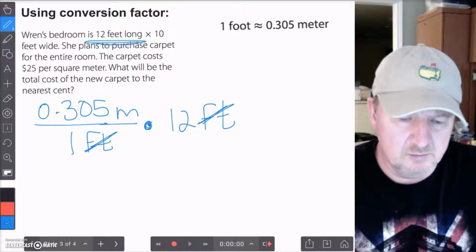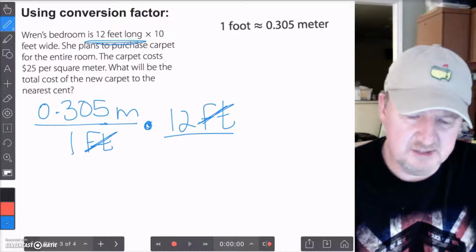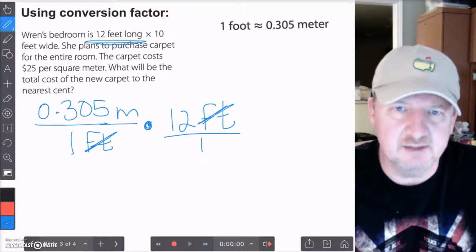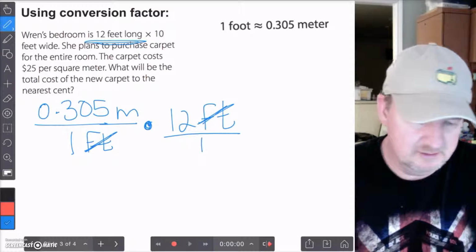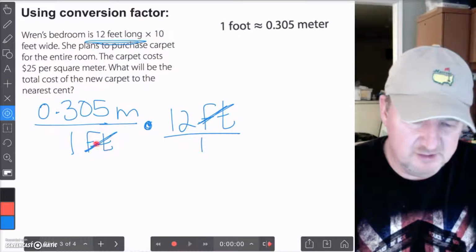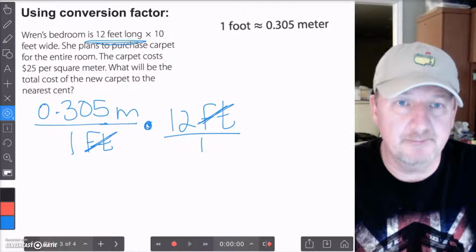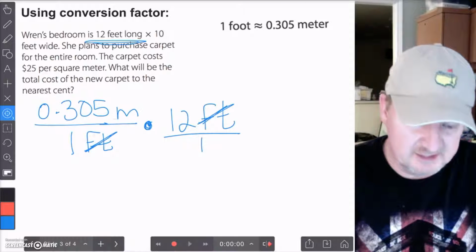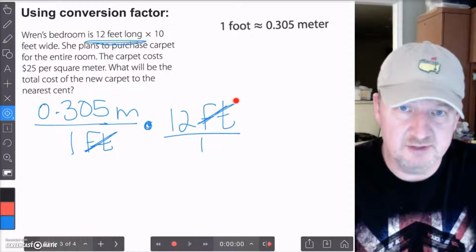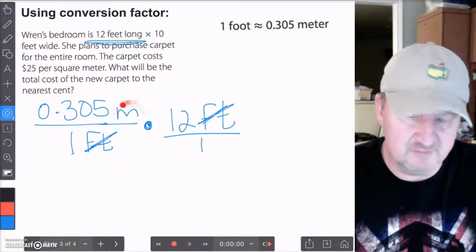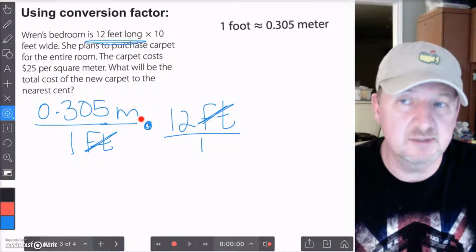Because basically you're going to have a fraction here, you want to have the feet unit in the denominator over here and this unit in the numerator the same. What that does is it allows you to cancel this unit and this unit, so you don't have any more units except for meters. So whatever your answer is going to be, it's going to be in meters.